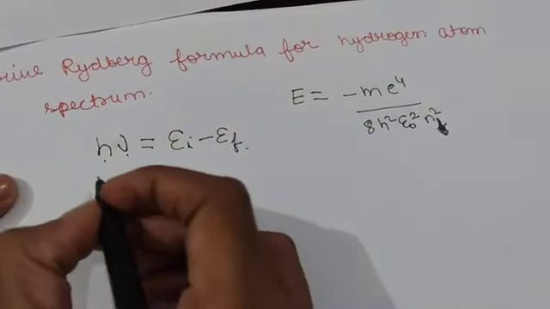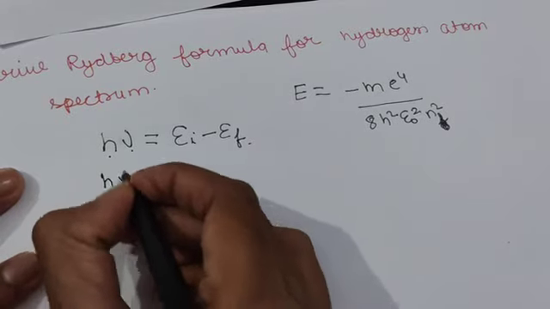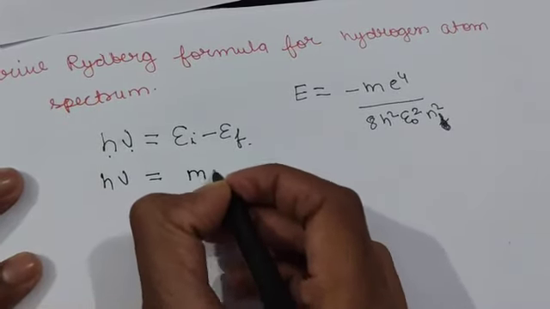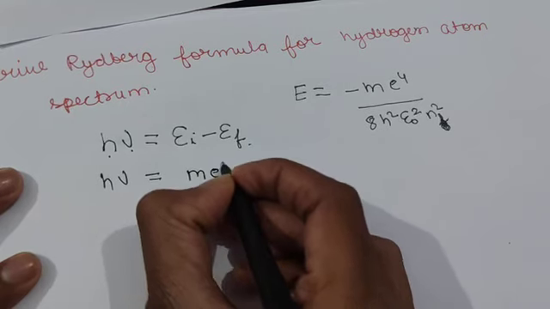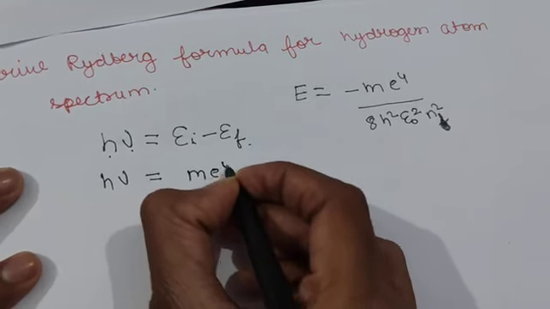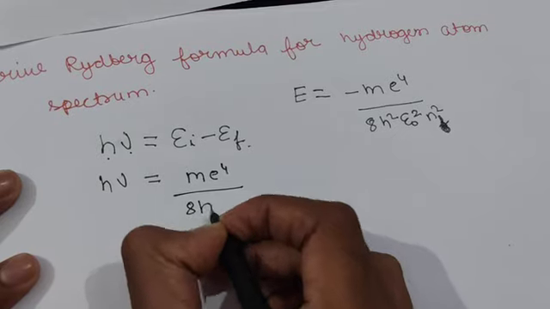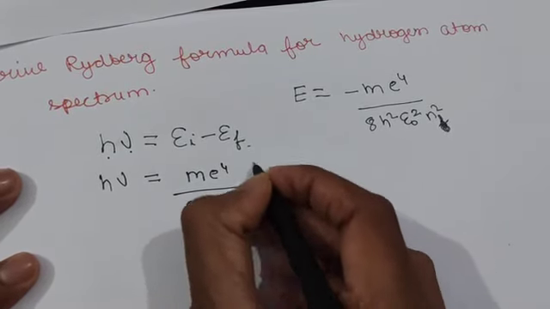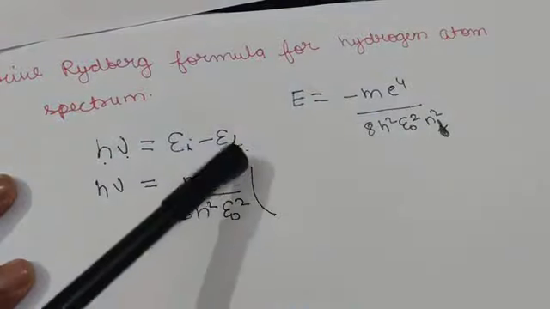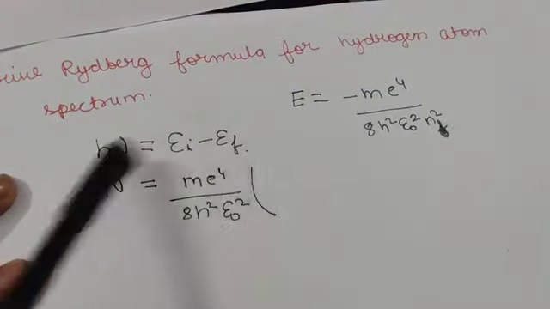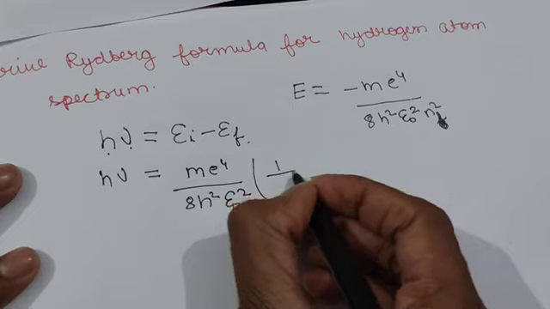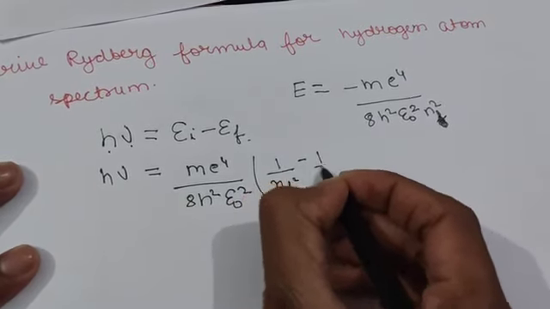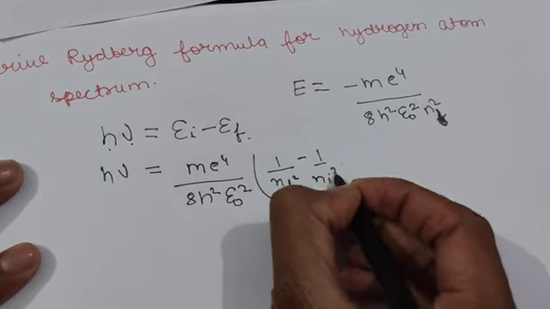Now put the value here. So hν is equal to m e to the power 4 divided by 8h squared ε₀ squared, and due to the minus sign, this will change: 1 by nf squared minus 1 by ni squared.